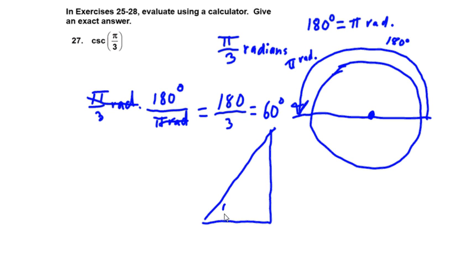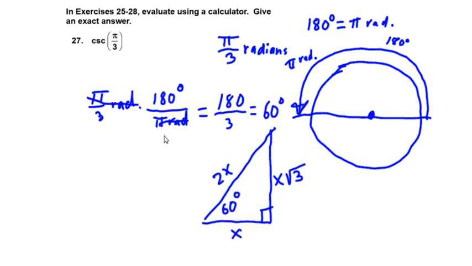Okay, here's our 60 degrees, and we're trying to find the cosecant. Cosecant is related to sine. For this, we're going to have x as our short side, 2x is our hypotenuse, and our long side, this other opposite side, is going to be x square root of 3.